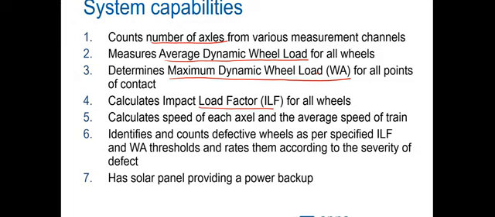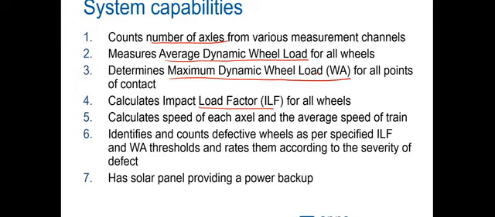And once you know this impact load factor, if it's greater than a certain extent, then it gives you an alarm signal. And if it's greater than a certain threshold value, then it gives a severe category alarm, in which case the coach actually has to be detached and examined.